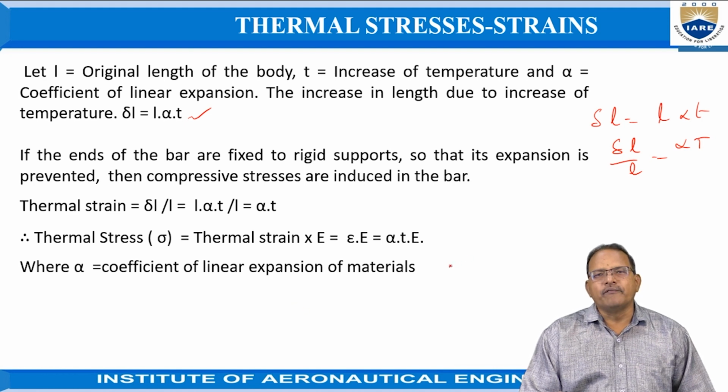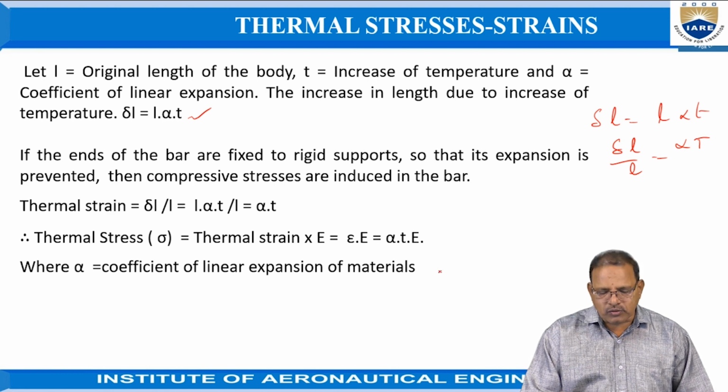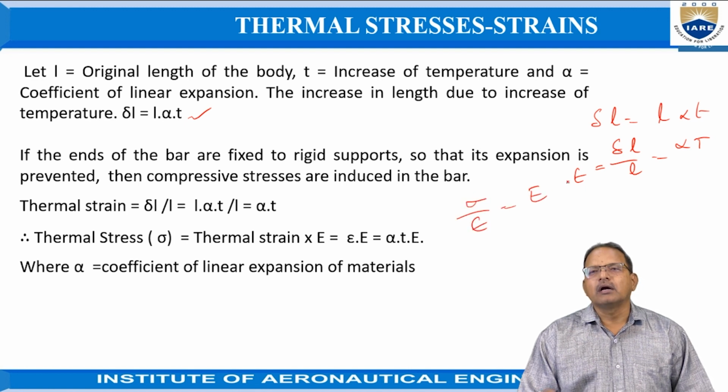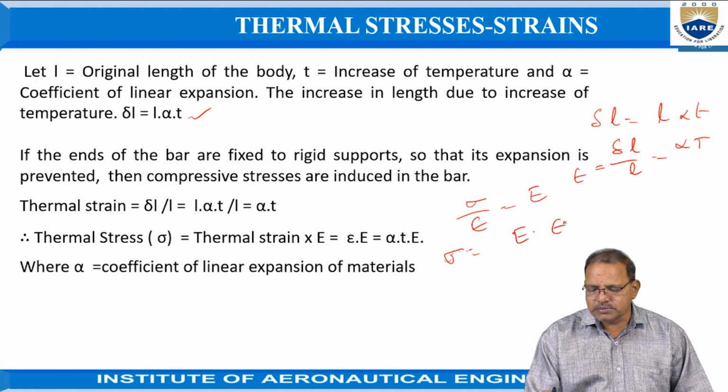Now, the ratio of stress to strain is always constant according to Hooke's law. Taking the strain as epsilon, sigma divided by epsilon is a constant, E. So sigma is equal to E into epsilon.